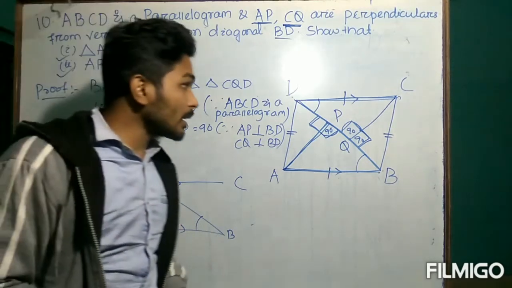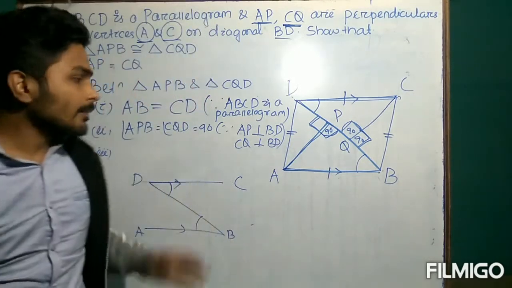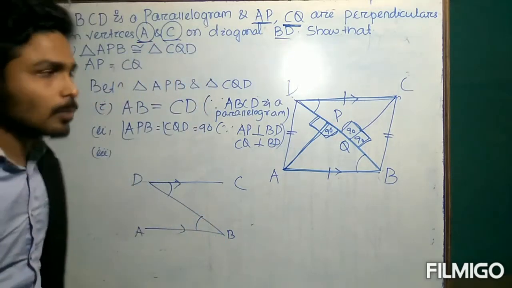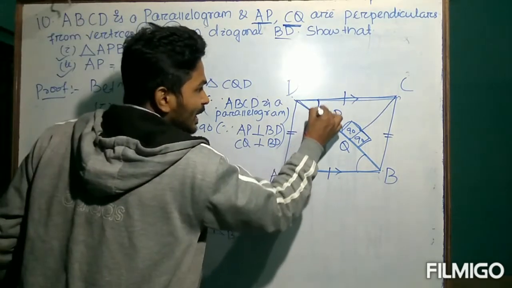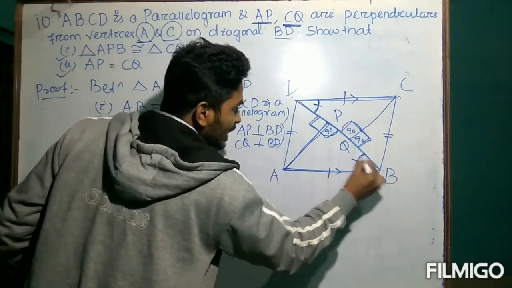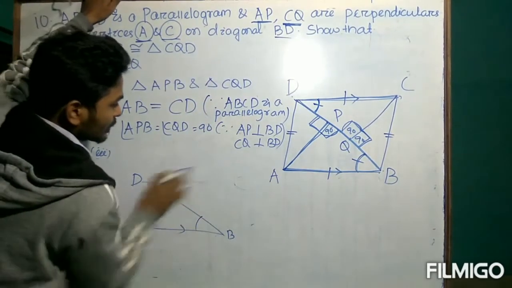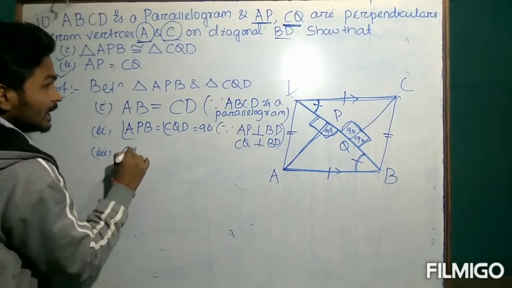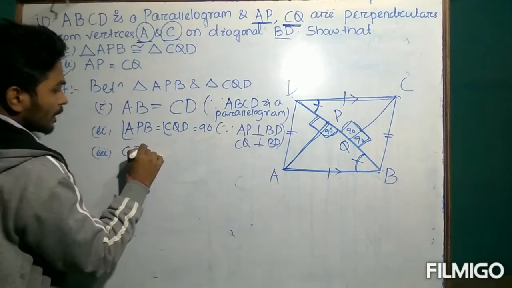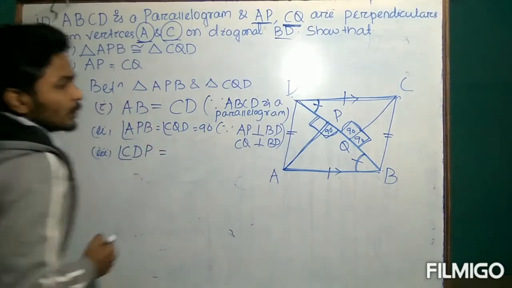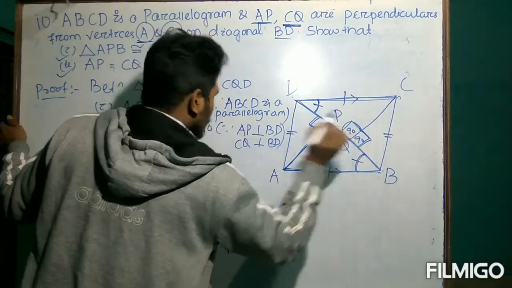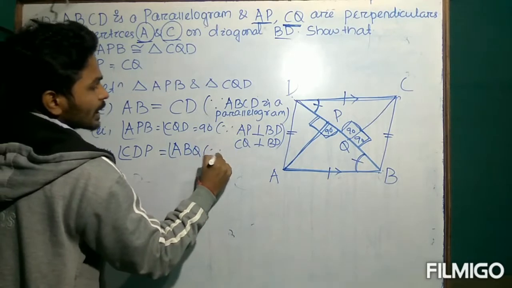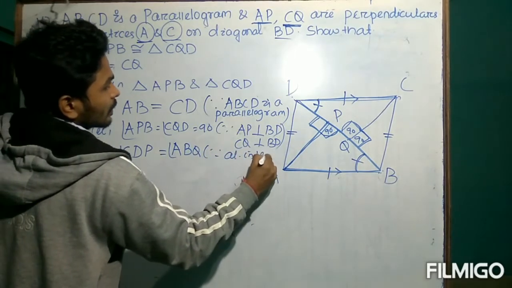These two angles are an alternate pair of angles, and you know, if any two lines are parallel and there is a transversal line, then the pair of alternate angles must be equal. So we can write this angle must be equal to this angle. They are alternate interior angles. So angle CDP is equal to angle ABQ. Why? Because they are alternate interior angles. Clear?